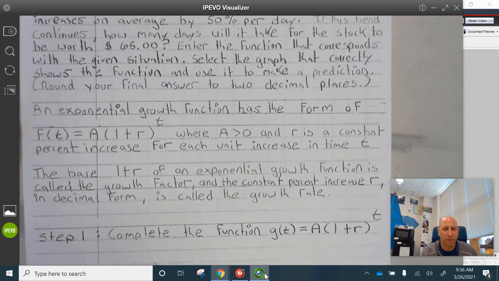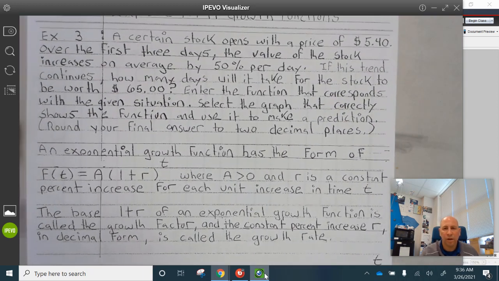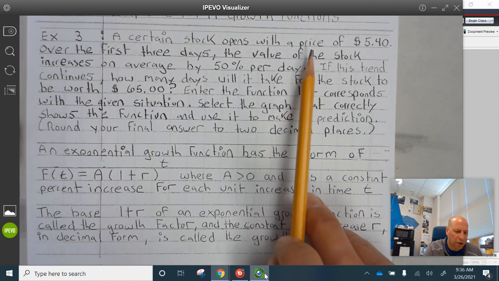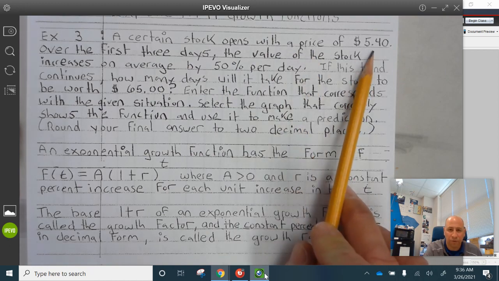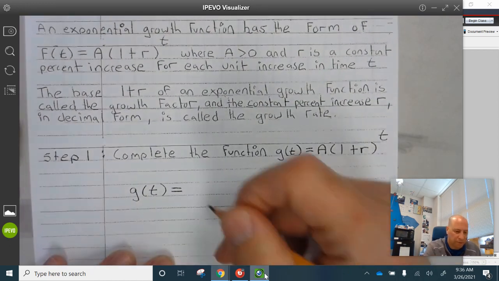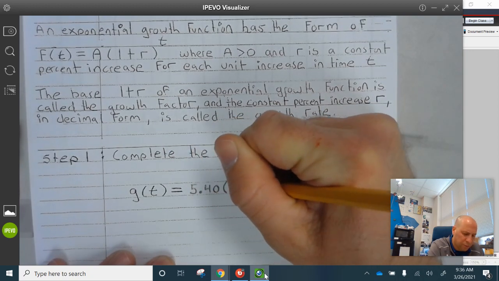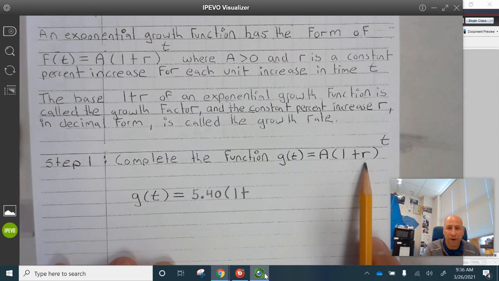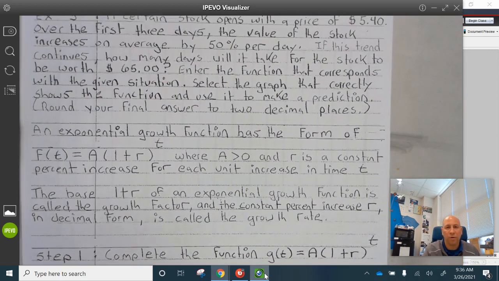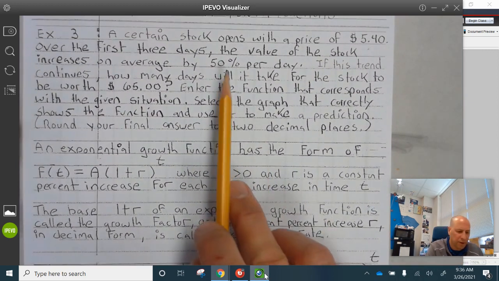Okay, so let's go back to the paragraph. Now, a certain stock opens with a price of $5.40. So that's your initial value. That's your A value. So that's 5.40 parentheses 1 plus we need to find the rate, which is 50%.